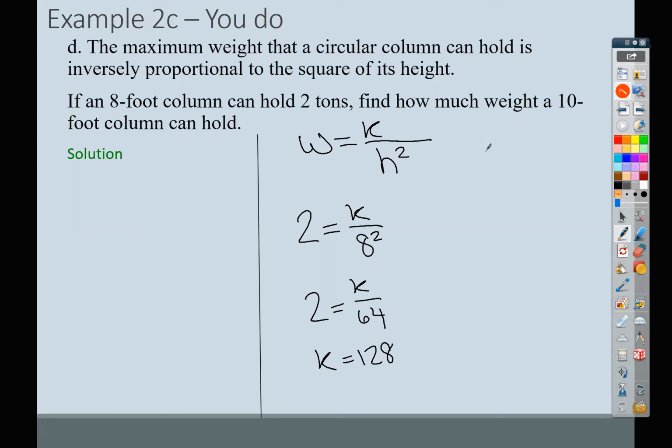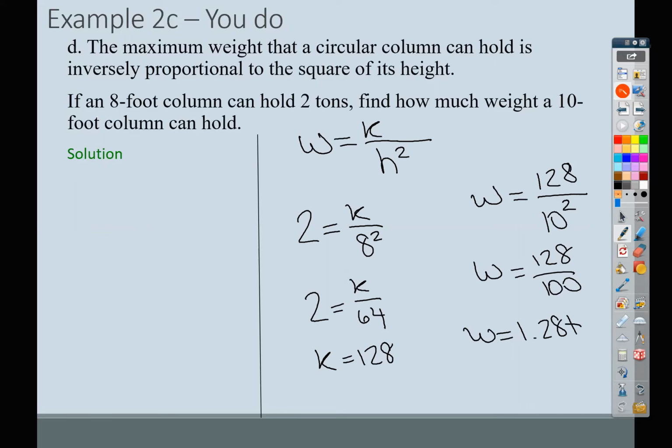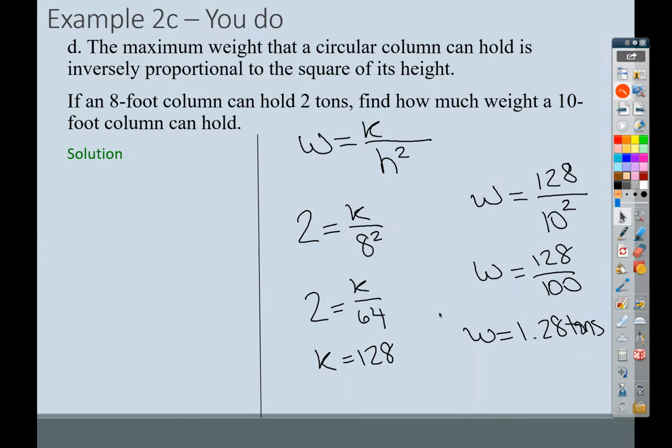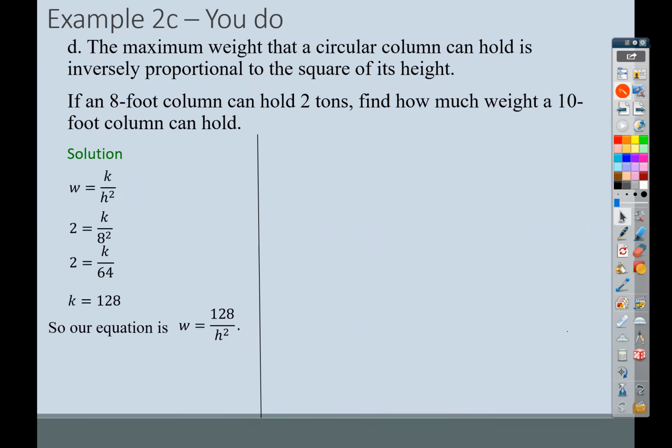And then how much weight can a 10-foot column hold? So 128 over 100, the weight would be 1.28 tons. And that's how you should have done it.